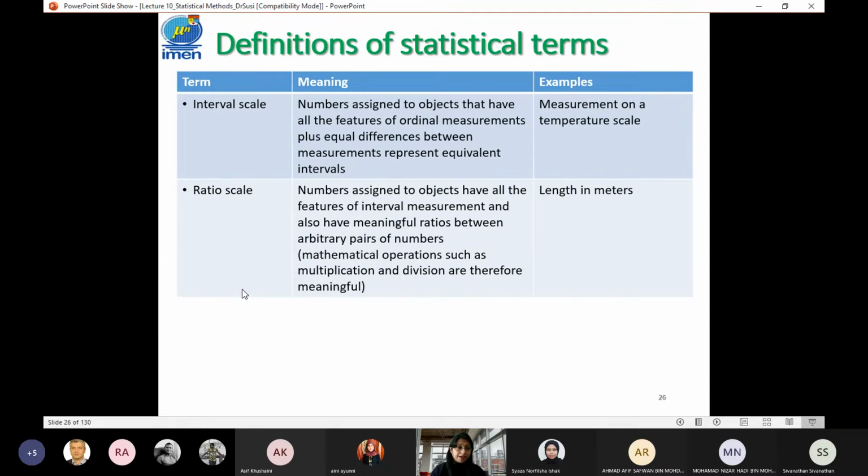Okay. So interval scale, so measurements on a temperature scale, the range. The ratio scale, for example, the length in meters. So these are common statistical terms that you always come across, not only in examples, but also in journals and your literature review.